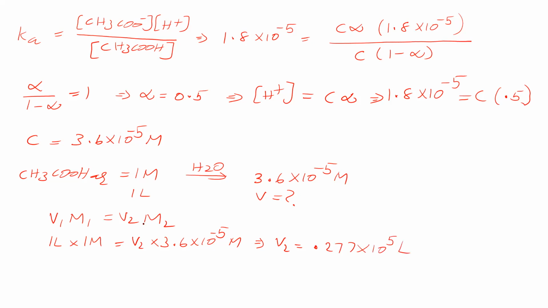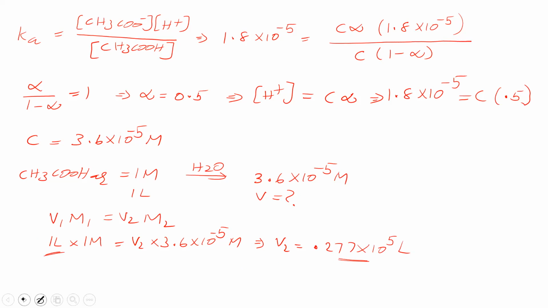That means to 1 liter of acetic acid solution we add nearly this much water, and only then the pH of the solution doubles.